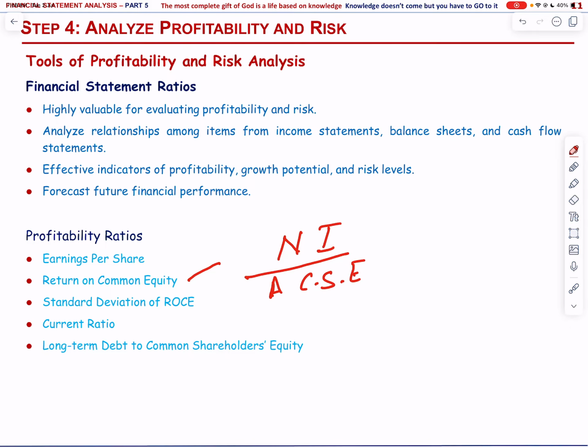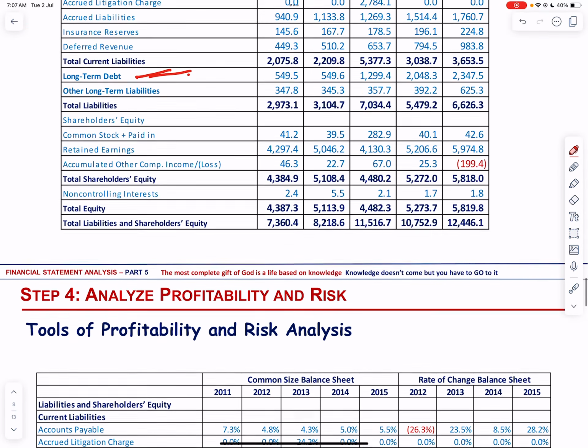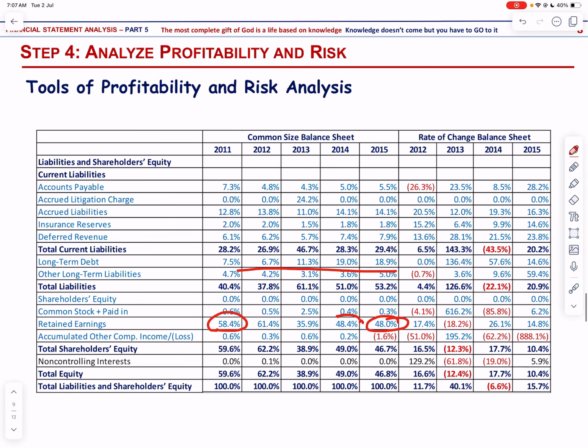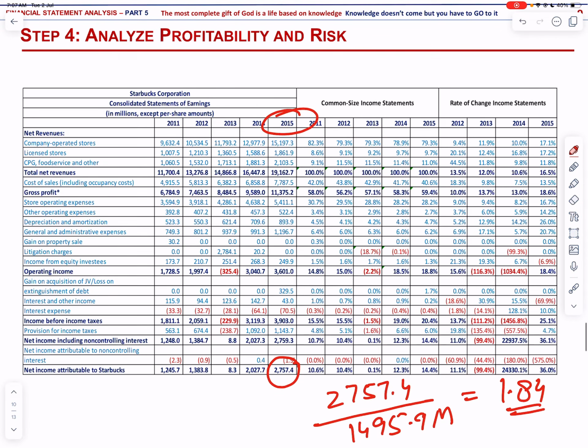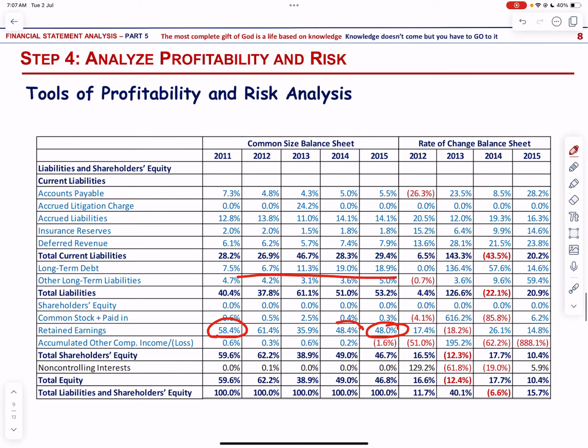So if you look at, say, the year 2015, the net income was 2757.4 million, and this will be divided by the average common stockholders' equity or common shareholders' equity.